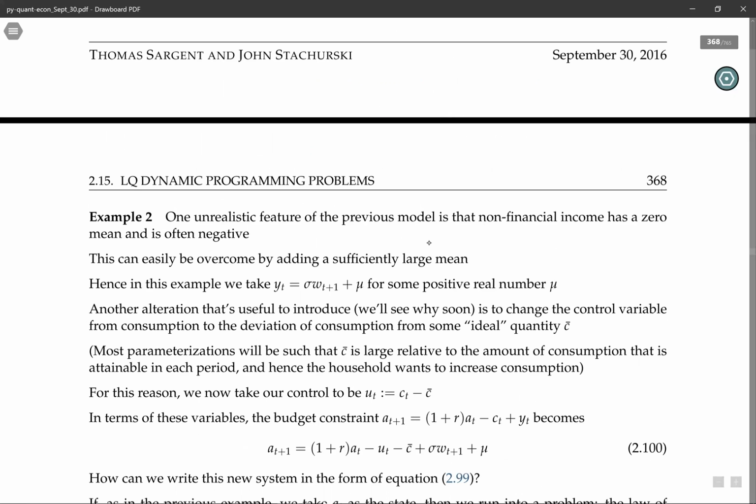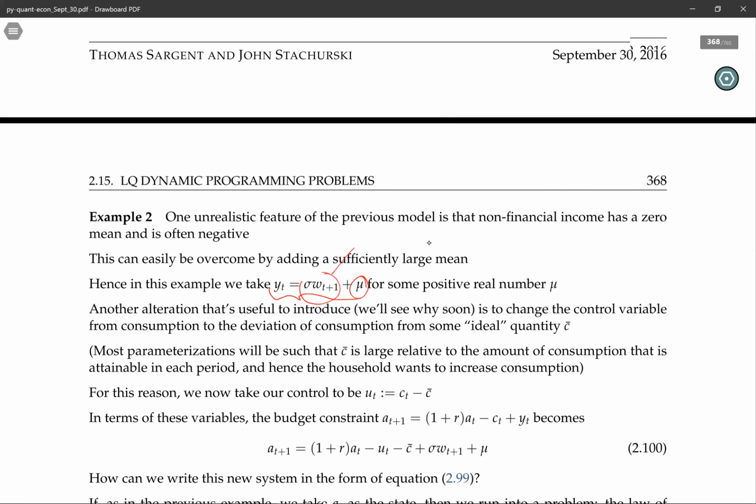So let's just do the following. We're going to take yt is equal to a constant plus a shock that looks like that. So we'll see what this looks like. It's some constant level of income, but it just fluctuates around this constant with this random fluctuation.